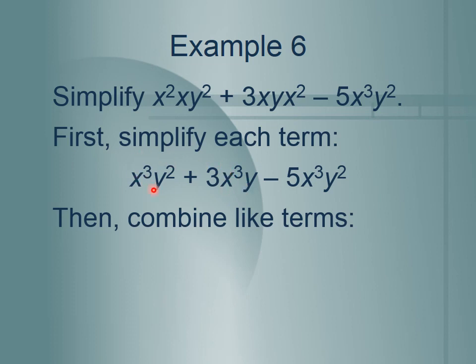However, I can combine my first term and my third term. And when I do that, this is 1x cubed y squared minus 5x cubed y squared. So 1 apple minus 5 apples gives me negative 4 apples. So negative 4x cubed y squared. And then I still have that plus 3x cubed y that could not be combined.